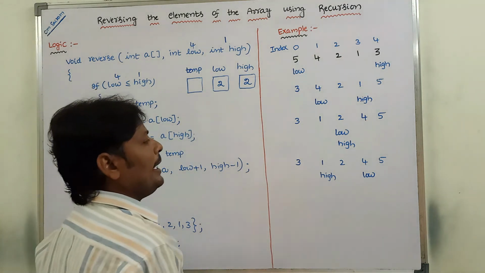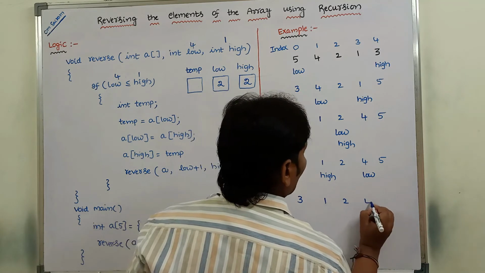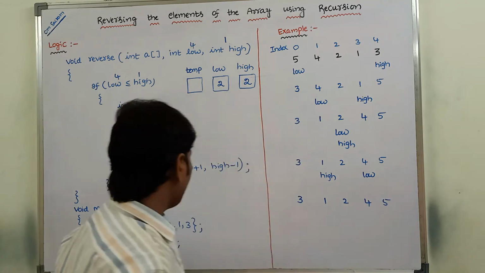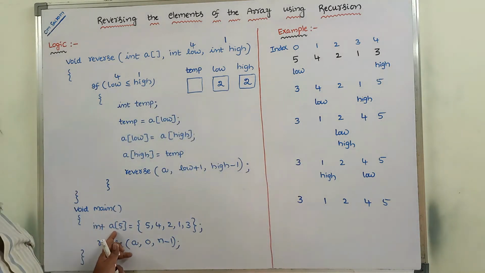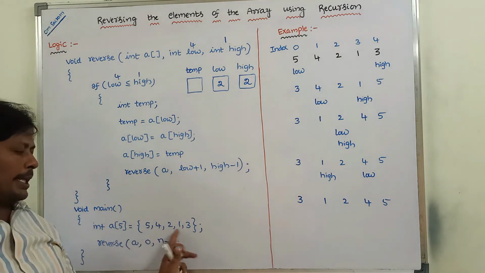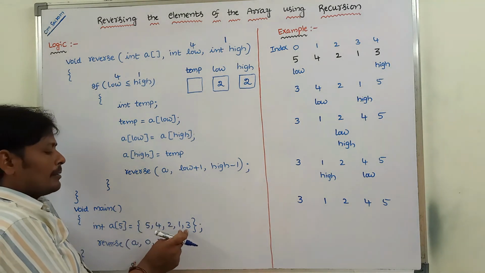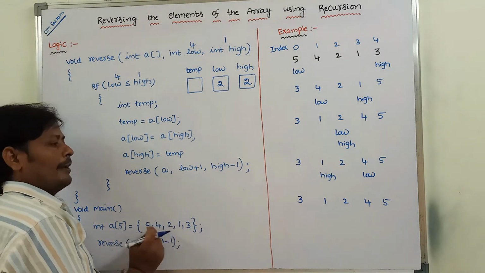Finally, we are getting the values as 3, 1, 2, 4, 5. Initially the array contains 5, 4, 2, 1, 3. Now after reversing, what are the values we are getting? 3, 1, 2, 4, 5.